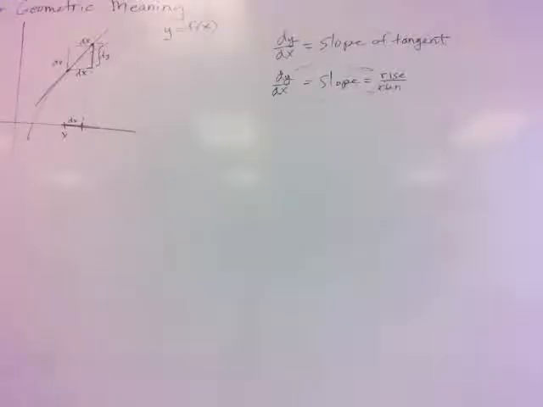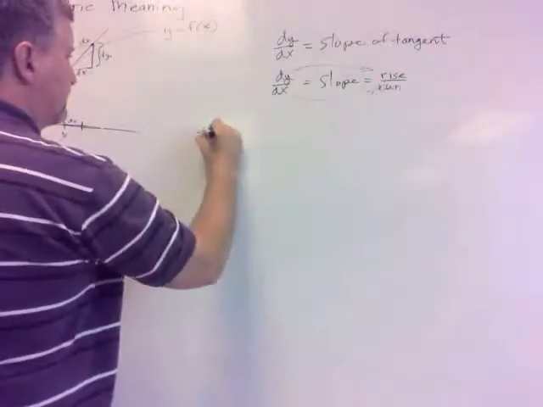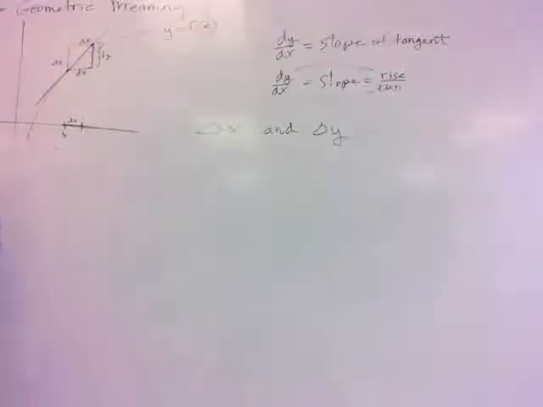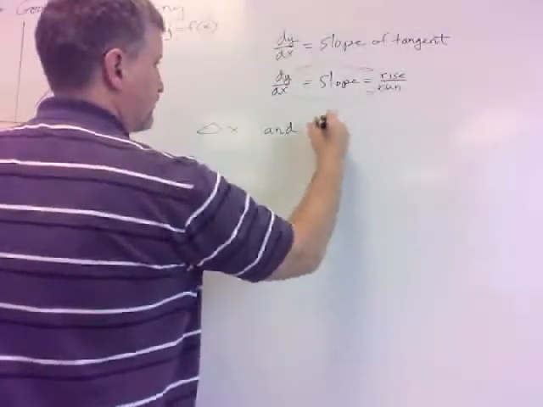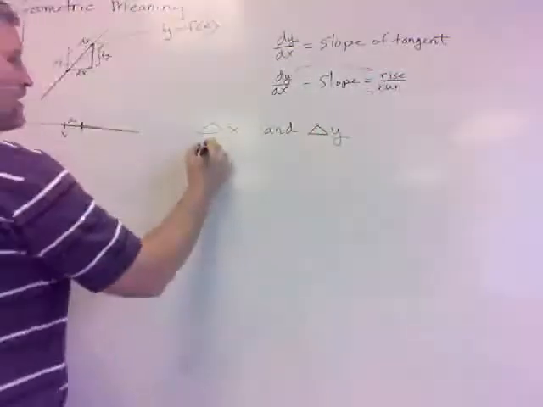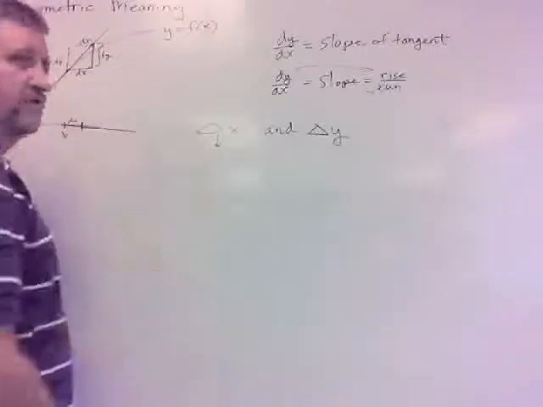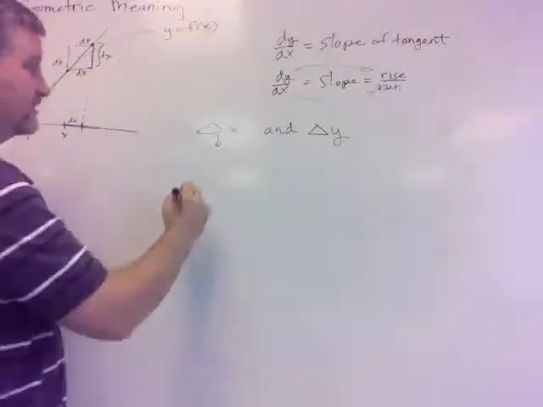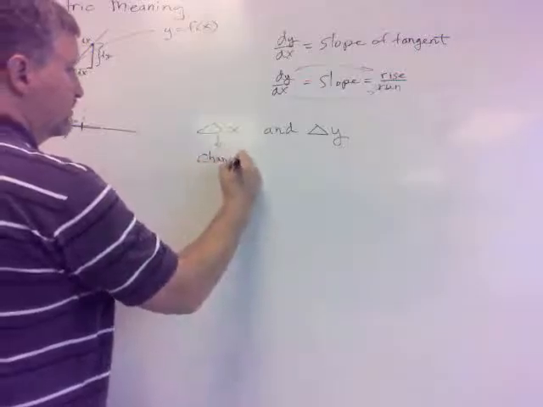We can do some more approximating, if you will, but let's also talk about delta x and delta y. Delta x and delta y is the delta symbol. Sometimes you've probably seen that before. Change in x, change in y. That's what those mean.